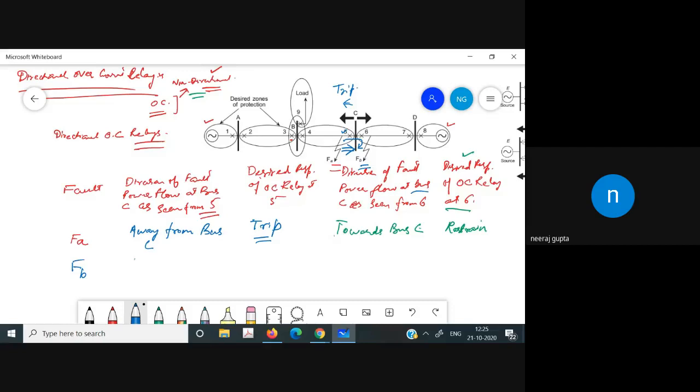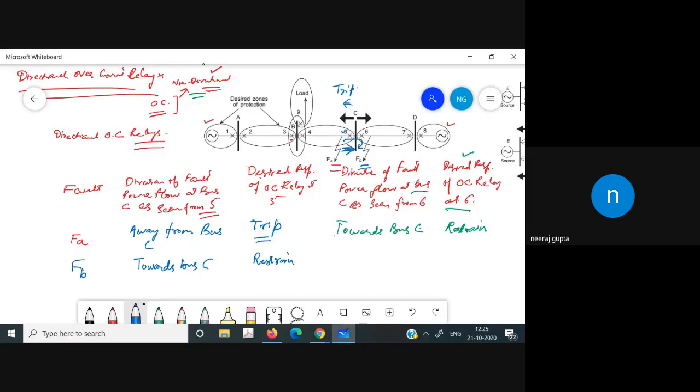So the direction of the fault power is towards the C. It will not trip, otherwise the desired zones are not created. It will restrain.